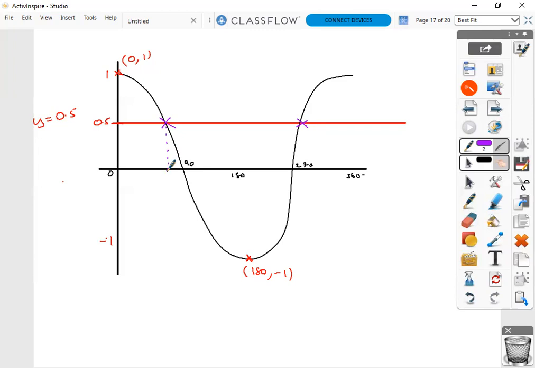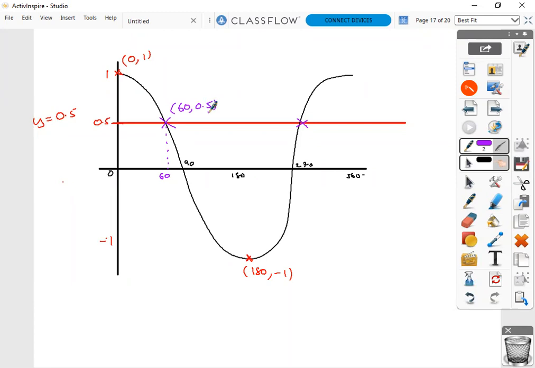let's get this right so it doesn't confuse us. Our solution might not be perfectly to scale, but when x is equal to 60, our coordinate there would be (60, 0.5), for instance.